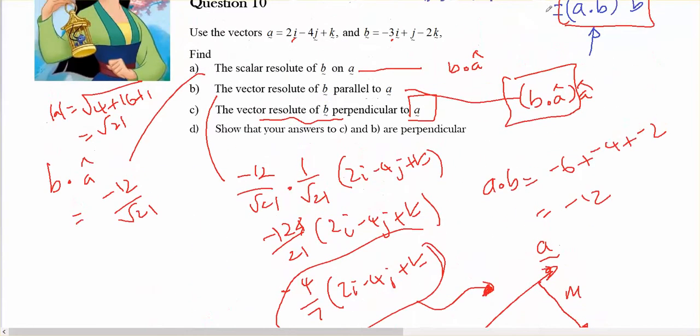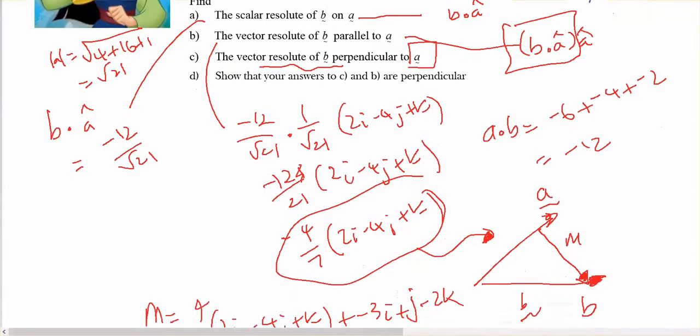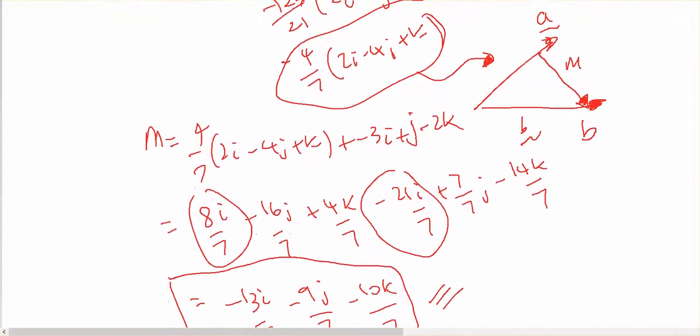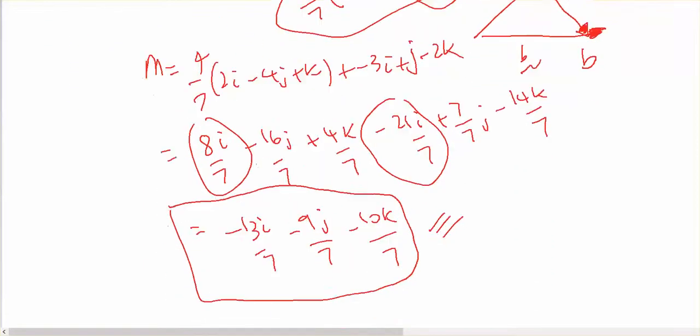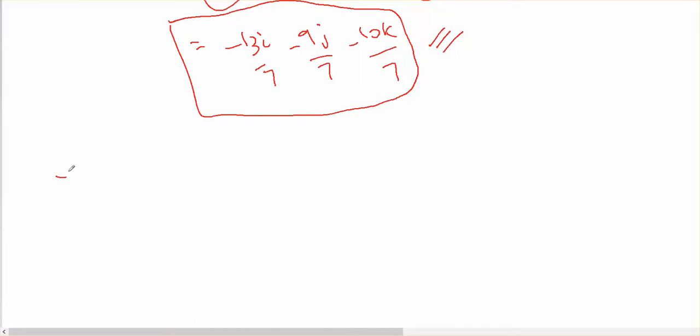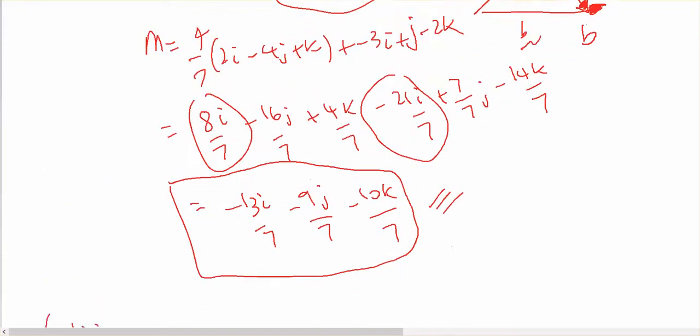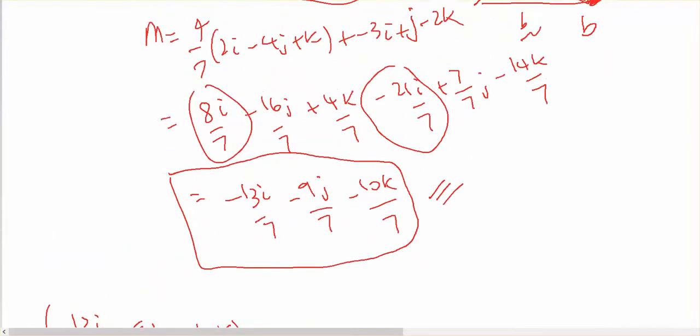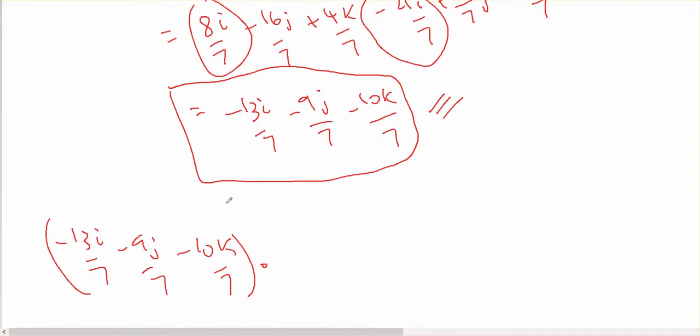And for part D, show that your answers to C and D are perpendicular. Well, if I do the dot product of my answers to C and D, I should get 0. So what have I got? I've got minus 13i on 7, minus 9j on 7, minus 10k on 7, dot minus 8i on 7 plus 16j on 7 minus 4k on 7.